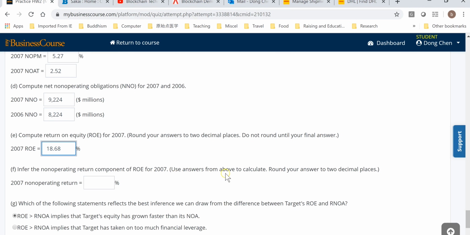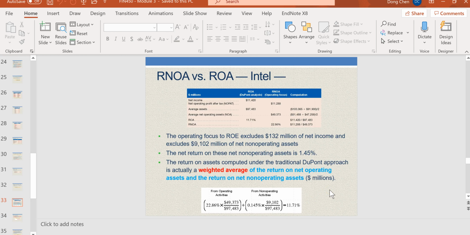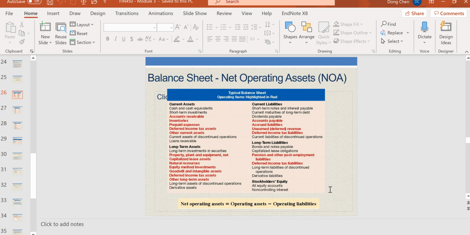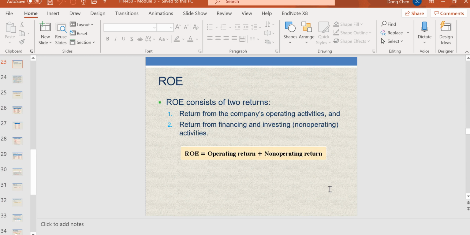So find F. Infer the non-operating return component of ROE for 2007. Use answers from above to calculate. Round your answer to 2 decimal places. So in order to answer this question, we just need to understand that ROE equals the operating return plus the non-operating return.